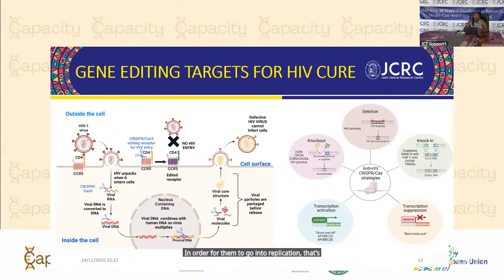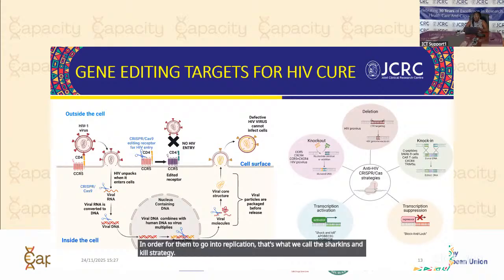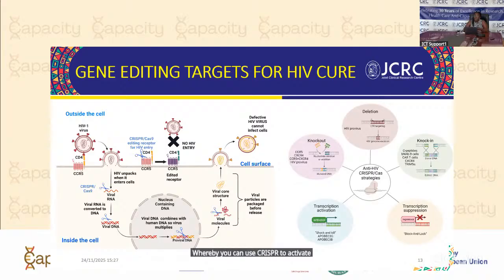That's what we call the shock and kill strategy, whereby you can use CRISPR to activate the latent virus so that it can be exposed to other clearing agents such as antiretroviral therapy. So there you shock and then you kill using the ART.